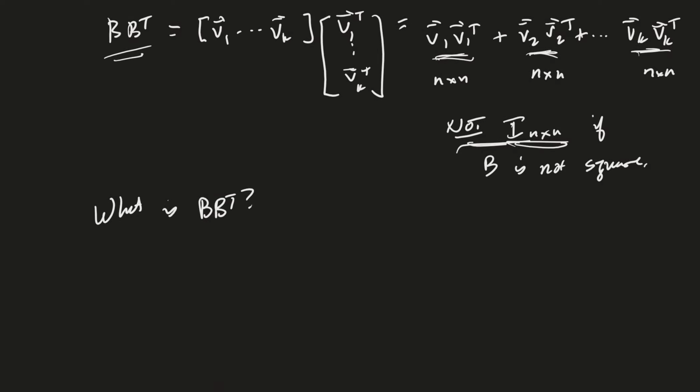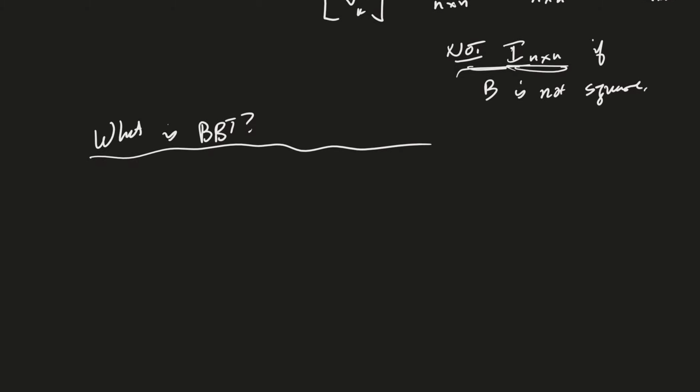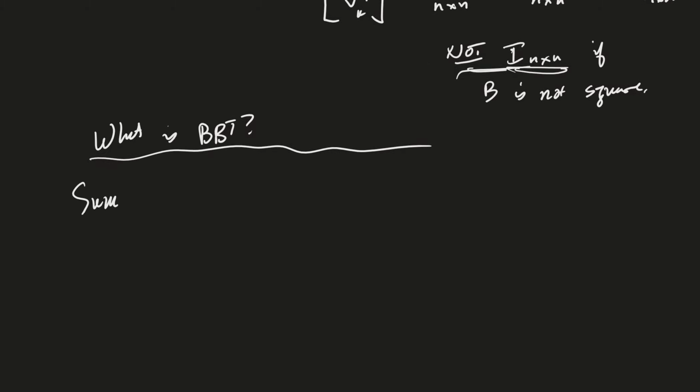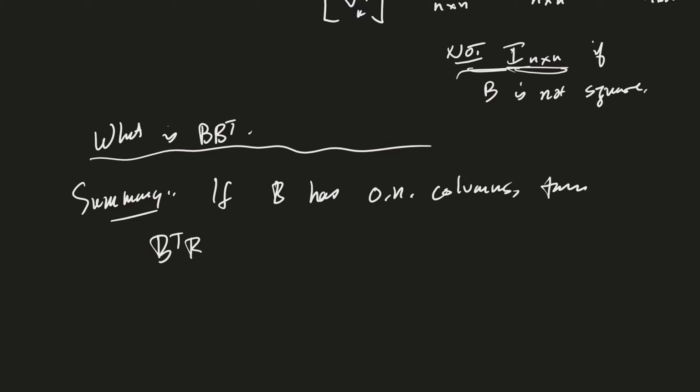Let me re-summarize. Trying to erase things. I'm going to have to fix my eraser before I do this again. So, summary. If B has orthonormal columns, then B transpose B is the identity, but B B transpose is not the identity.